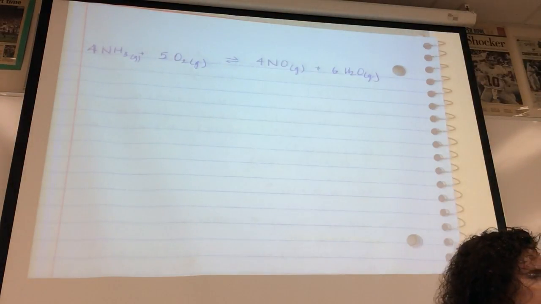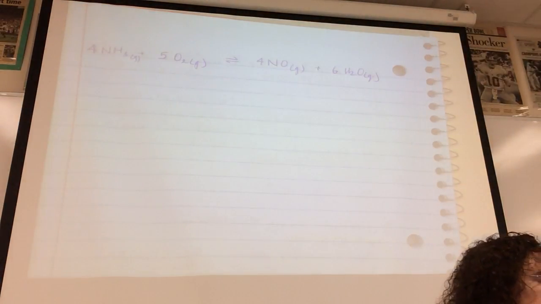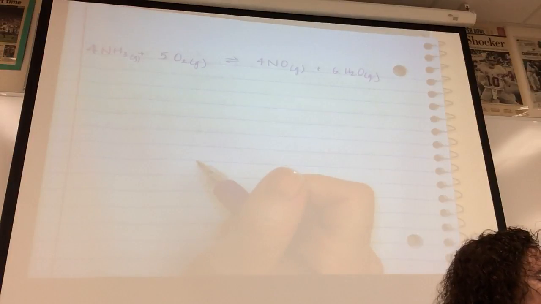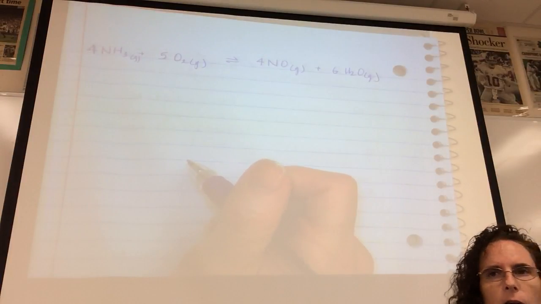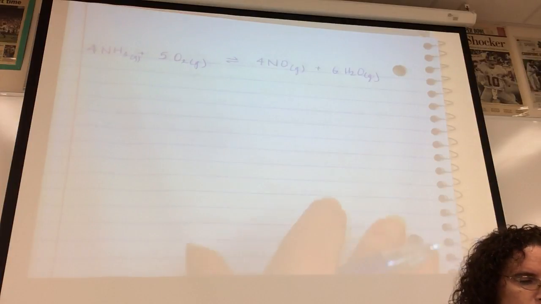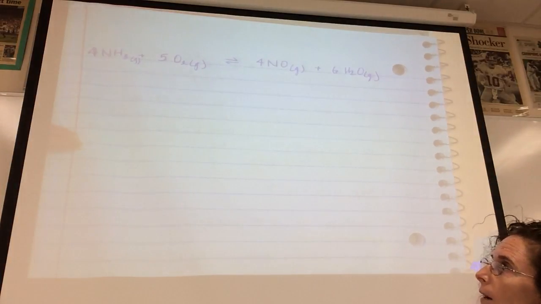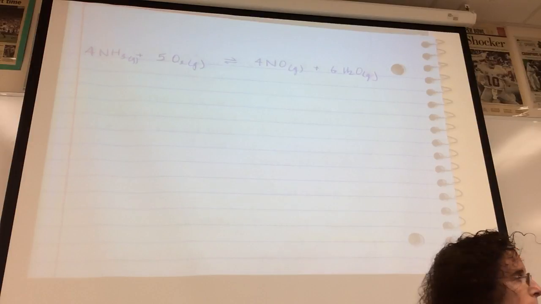And it does say here that delta H is negative 6.2 kilojoules. So is that endo or exo? Exo, and we'll come back to where that's relevant in a bit, not in this particular explanation.